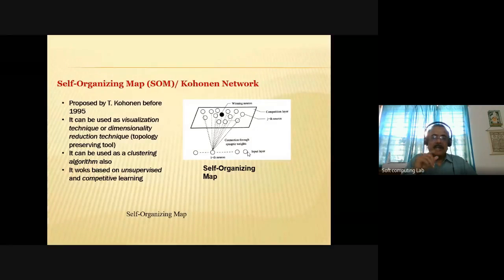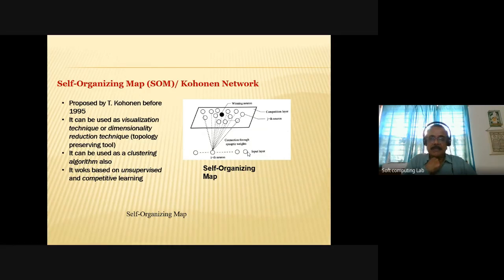In all such networks, we consider supervised learning. That means with the help of known input-output relationships and an optimization algorithm, we train the network. But here, fortunately or unfortunately, you do not have the complete information of input-output training data.